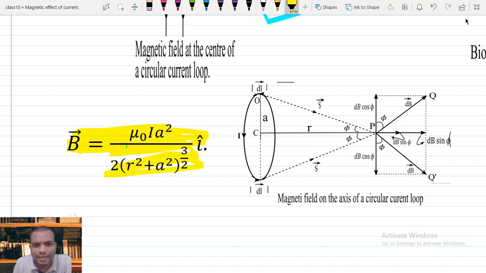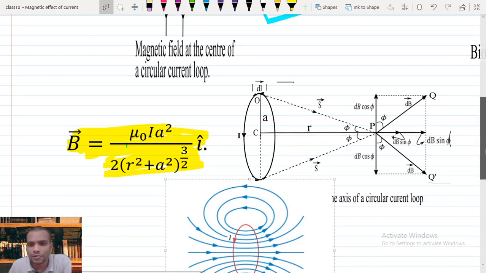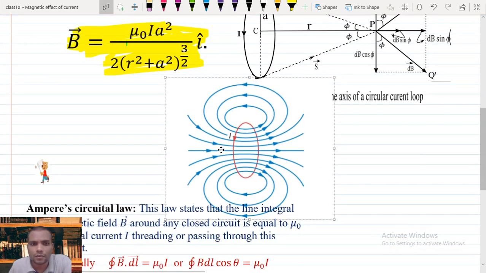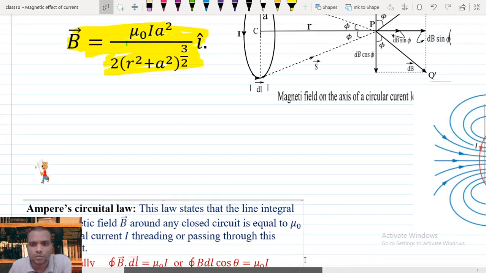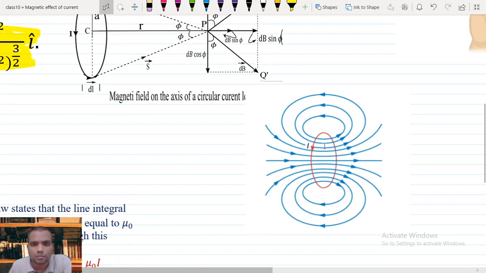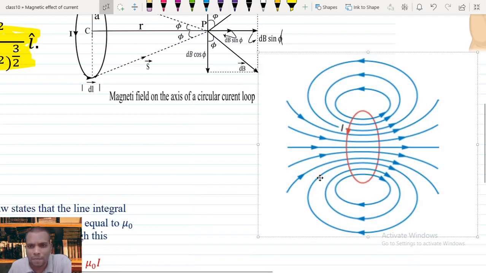To find the direction, we can use the same right hand thumb rule. By using the right hand thumb rule, we figure out the direction of the magnetic field. Here I can show the direction of the magnetic field.